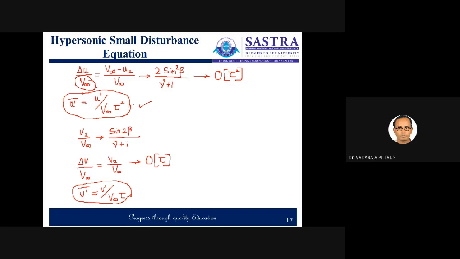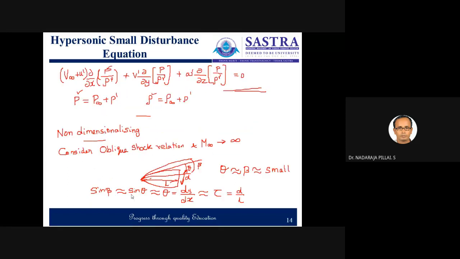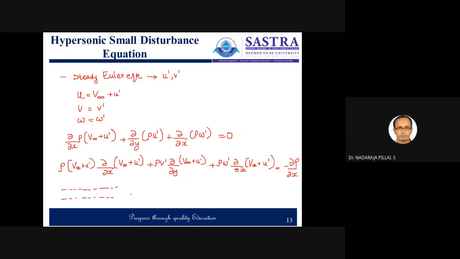Now let us have a discussion. What we have done so far is that initially we have written our equation, and we made the point that it is a steady Euler equation. So we want to write in terms of perturbation velocities.